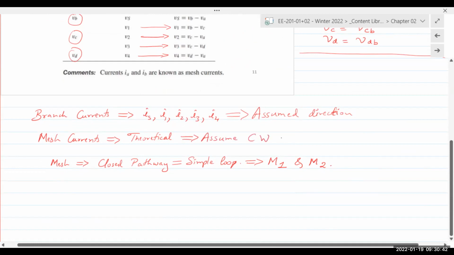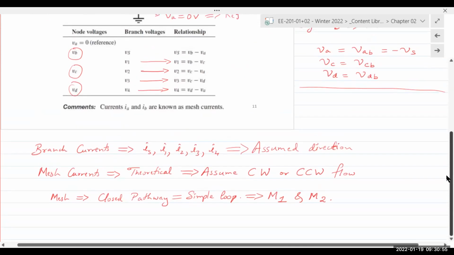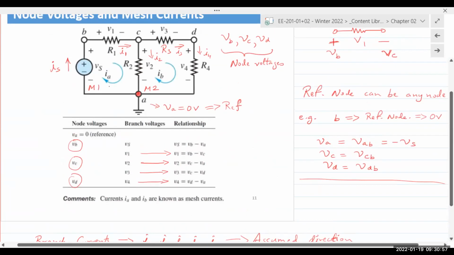Assume clockwise flow or counterclockwise flow. It's up to you. It does not really matter. Now, when you assume a mesh current, these are mesh currents, IA and IB.